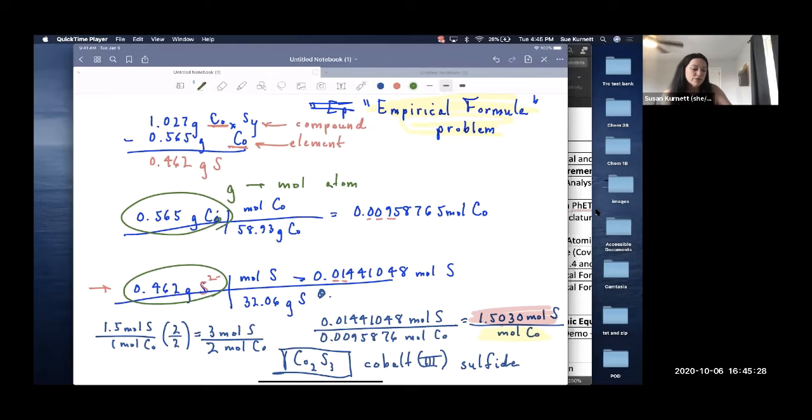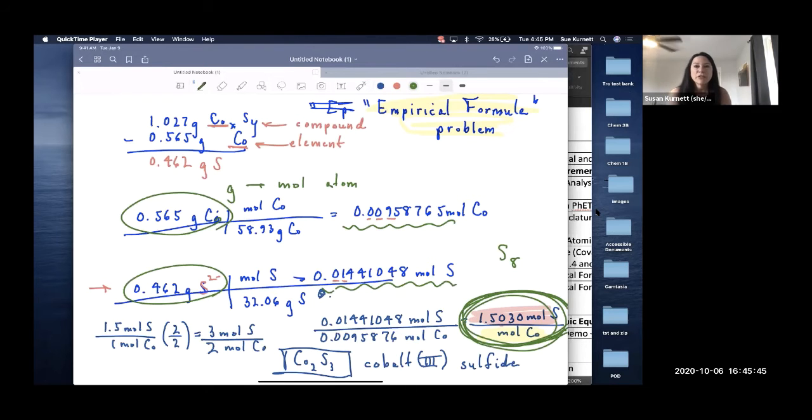So even though sulfur might exist as a polyatomic element, in this case it's really sulfide, or it's really atom by atom. We're going to look at it by atoms. And then once we end up with the moles of the atoms, we get a molar ratio. And then we use that molar ratio to come up with a formula, and there will be a section to read and problems to practice and examples in a video and a lab that will help you do that. Okay, that's one idea this week.